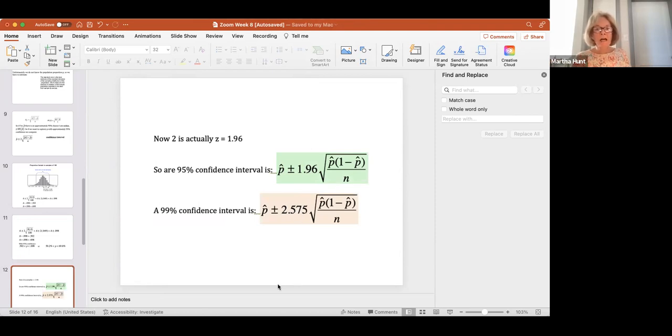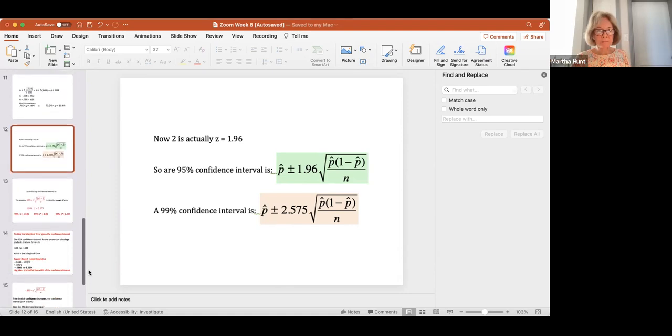So if you were to physically do this by hand, what would you be doing? You'd be putting in your sample proportion, a z-score depending upon the confidence level, and your p-hats. Those are the computational formulas.